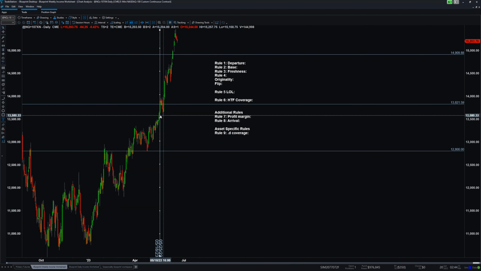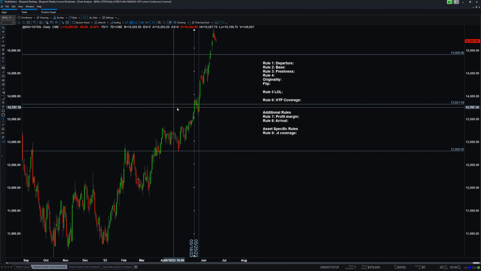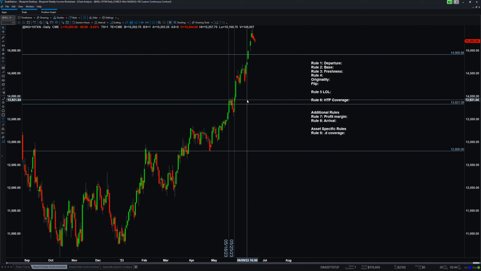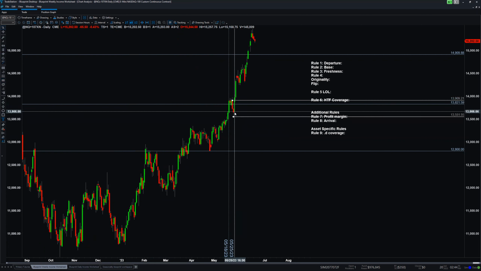And I have a leg in here somewhere. So I have a rally, base, rally, with all of those candles here being part of the base. This is the highest base. This is the lowest wick of the base, including the leg in. So this is the highest base of the base, in candles. And so this is my level.